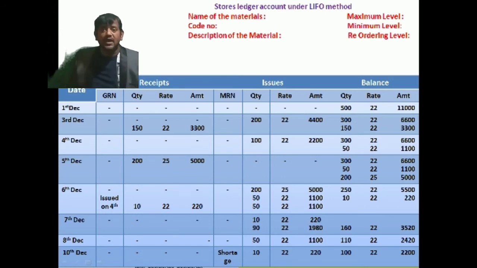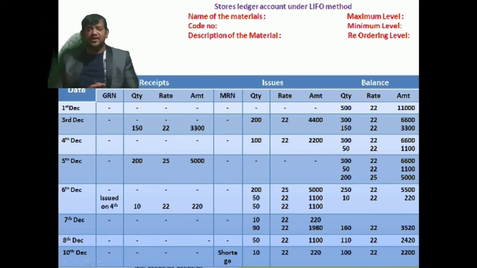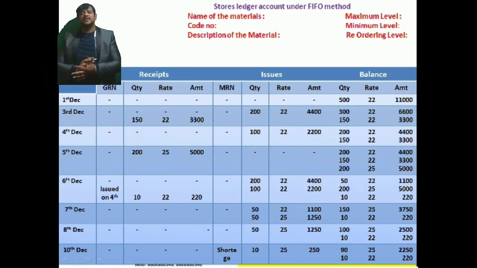So now let us move towards the solution with first in first out method. So open stores ledger account under first in first out. Description of the materials, there is no information. Maximum level, minimum level, and reordering level. So go open a table.